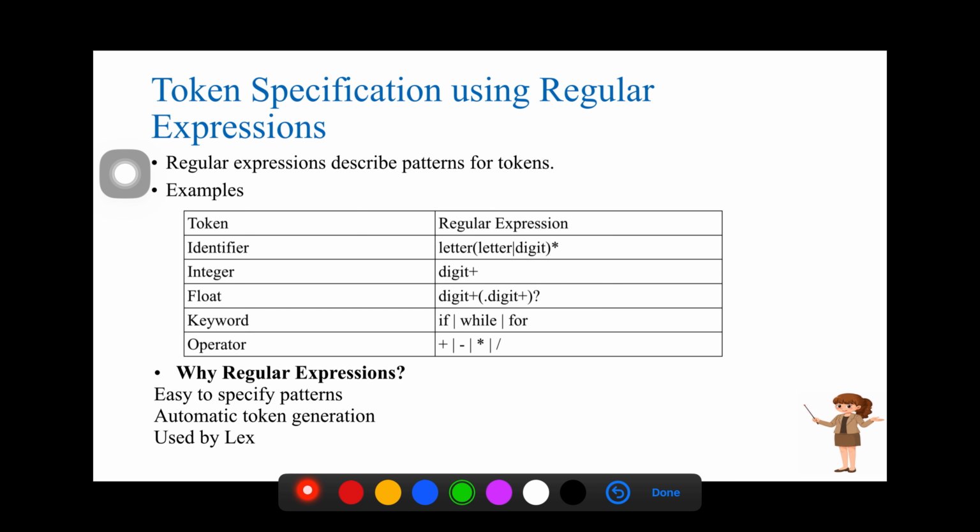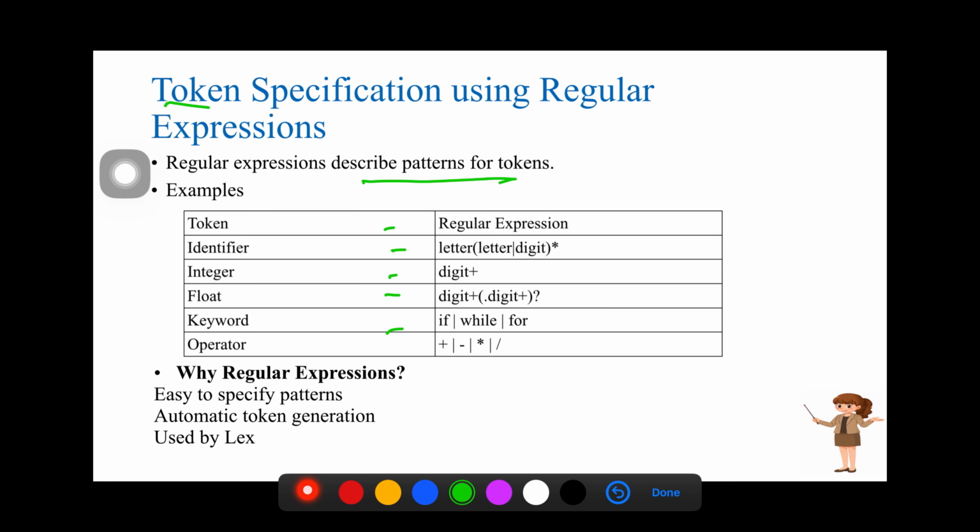Token specification using regular expressions, which describe the pattern for a token. You can see the example table there. Identifier: letter followed by letters or digits. Integer: digits. Float: digits, dot, then digits.